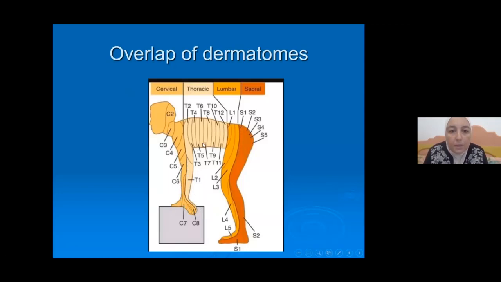Then we go up with the T1 till T12 roots, then L1, L2, L3, L4, L5, and as you know, here comes S1 and S2. This, as you all know, is the position of how the fetus is developed. Therefore, if you visualize this position, you will be able to recall the dermatomal supply without having to learn it by heart.